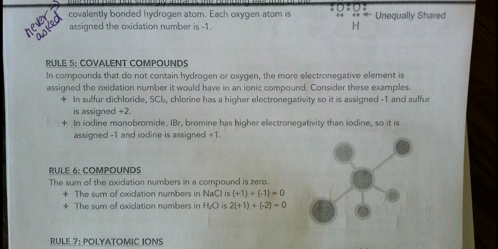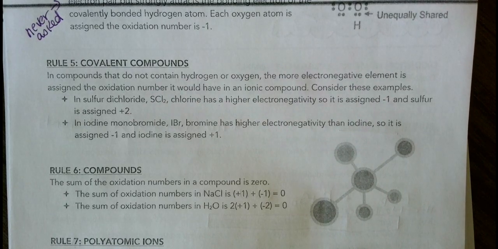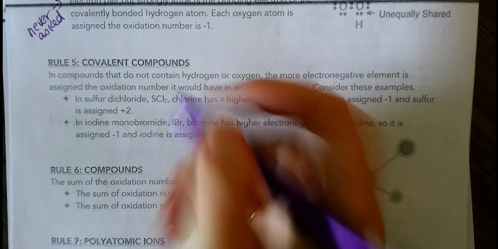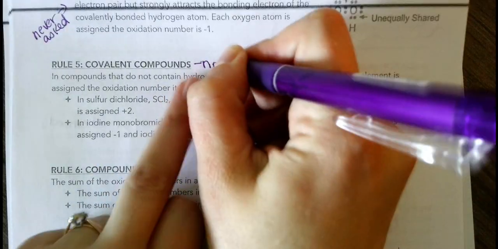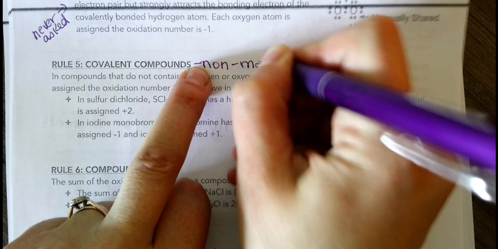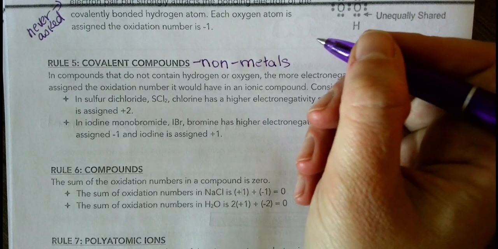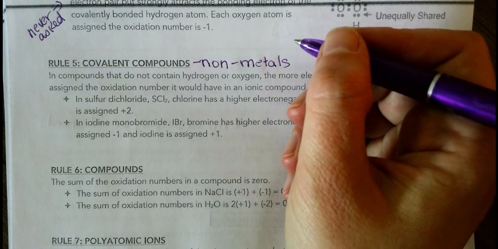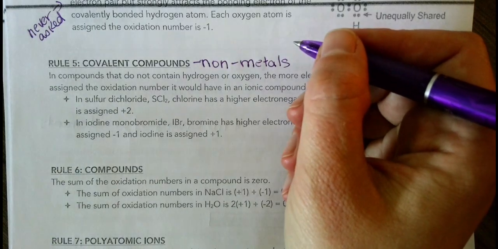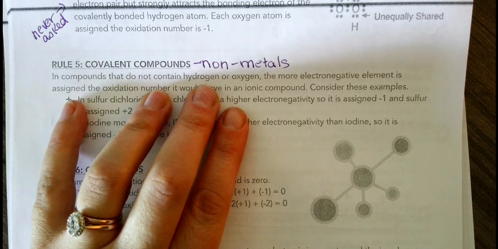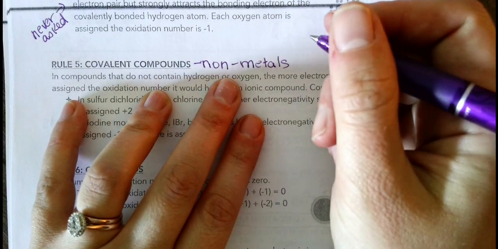From there, covalent compounds. Covalent compounds are all nonmetals. As a reminder, you had forgotten that: ionic compounds are a metal and a nonmetal. Covalent compounds are nonmetals only. So when you're looking at a covalent compound, we have to look at electronegativity.